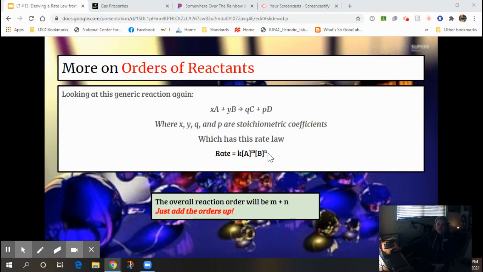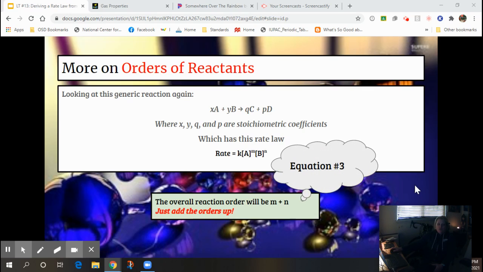So m plus n is going to be the overall reaction order. So if m was 1 and n was 1, the overall reaction order is 2. We call that equation number 3. Equation number 3 is just to tell you how we add up those exponents to get the overall order of reaction.